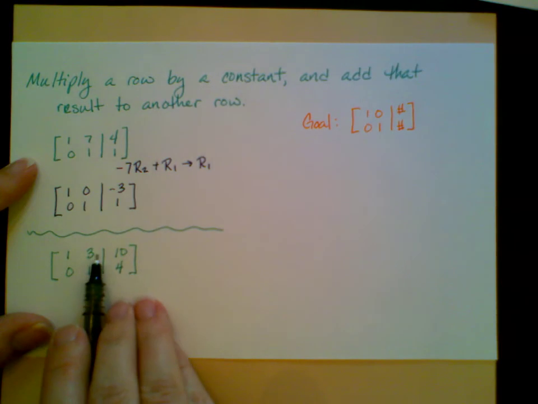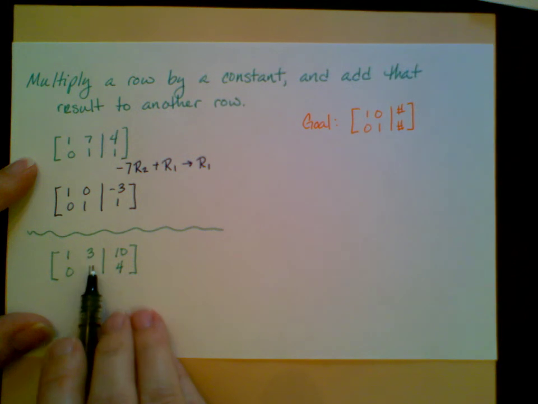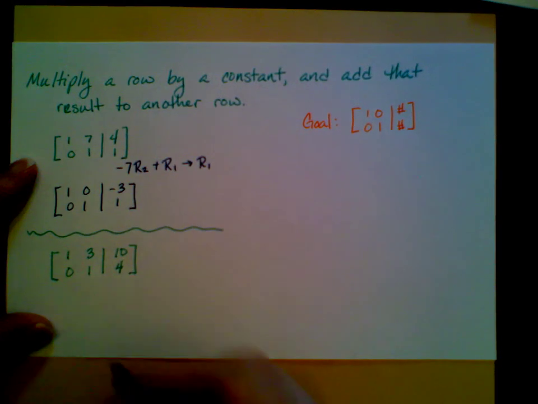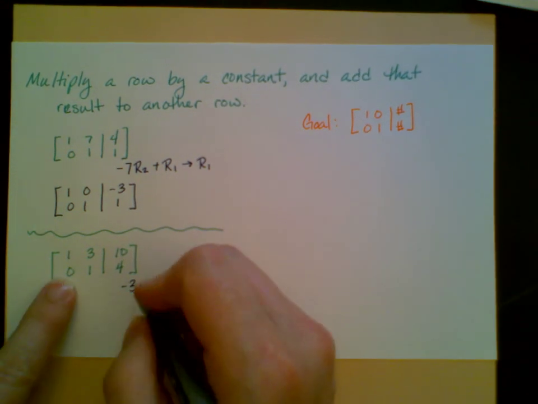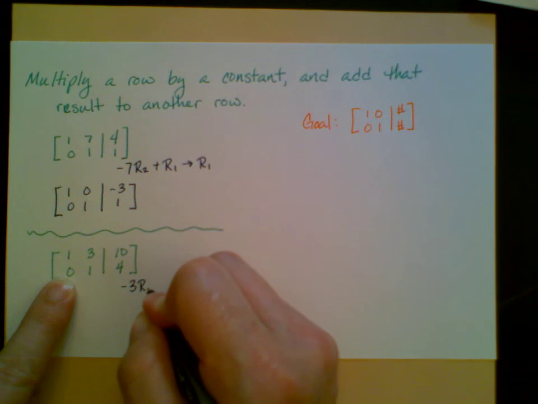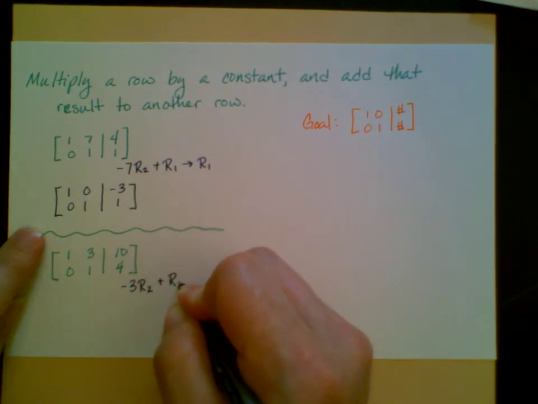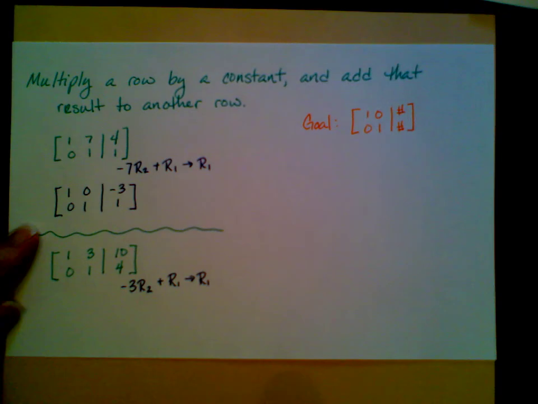It's this 3 that I want to change. I want to get this 3 to be a 0. The way I get 3 to be a 0 is by adding negative 3. So negative 3 times row 2 plus row 1, and I'm going to store that in row 1.